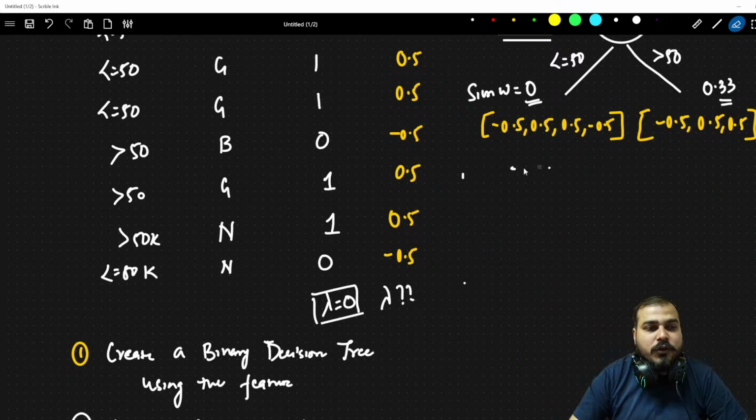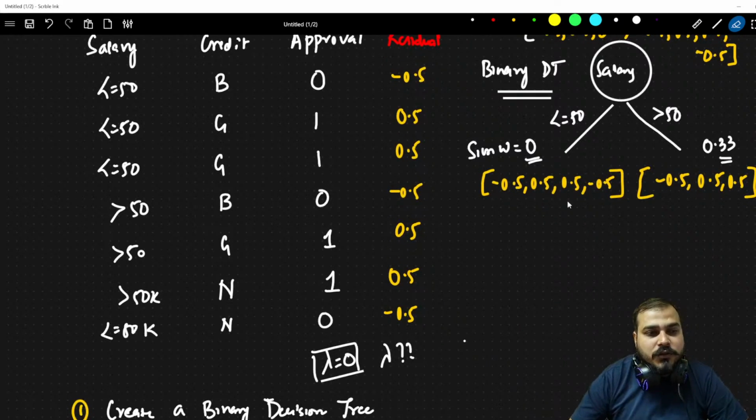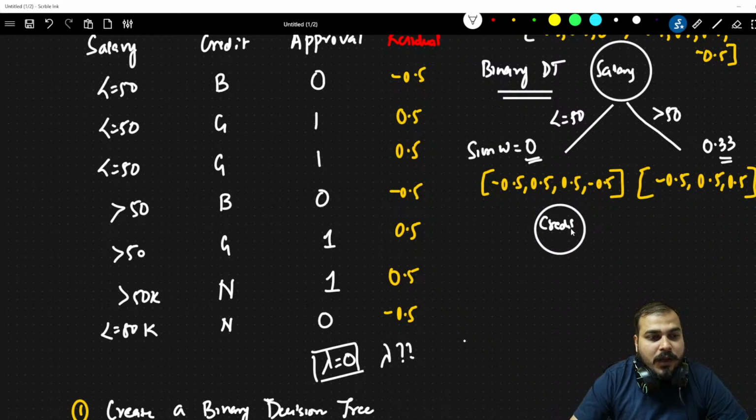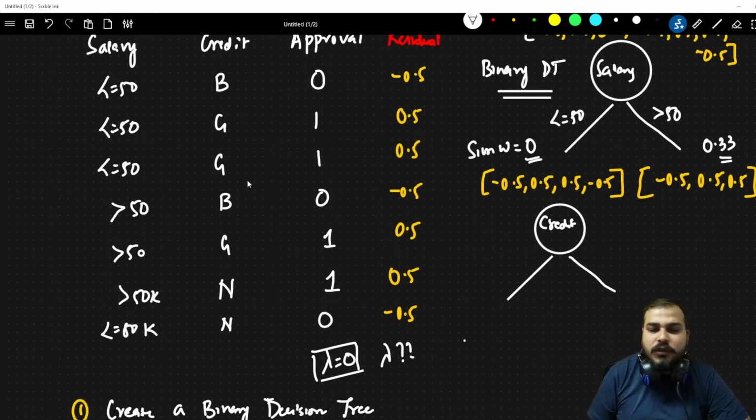Let's say I'm going to do the further split with the next feature, which is credit. So I'm going to take credit over here, and again I have to do a binary split. But you may be considering, Krish, there are only 3 categories, how are we going to do this split?